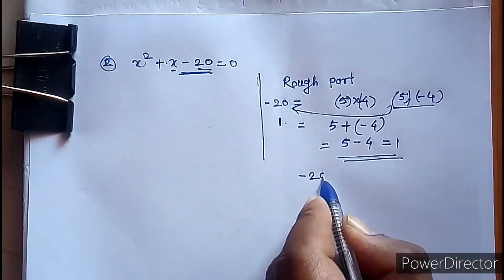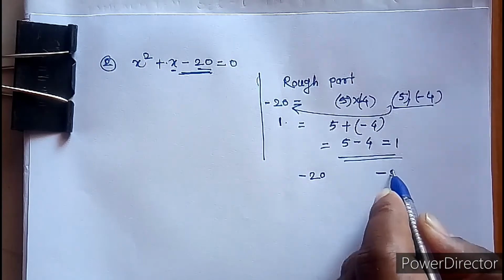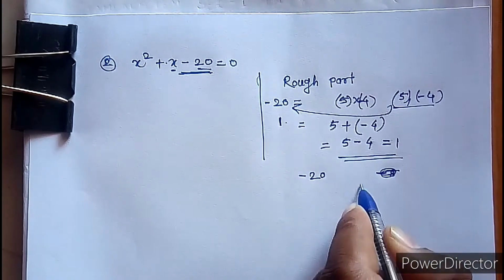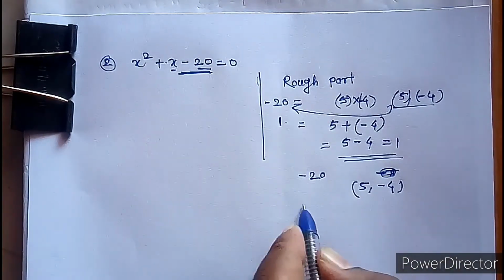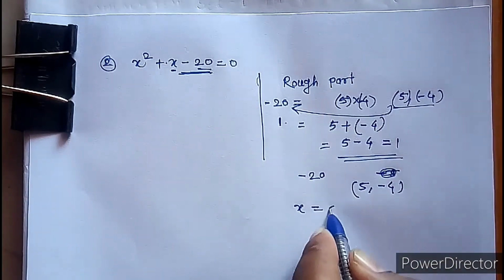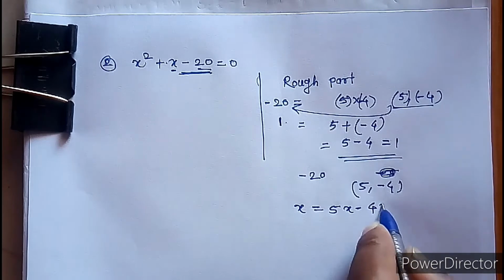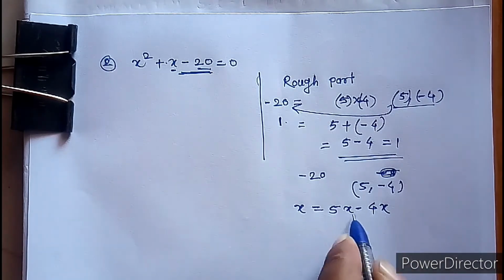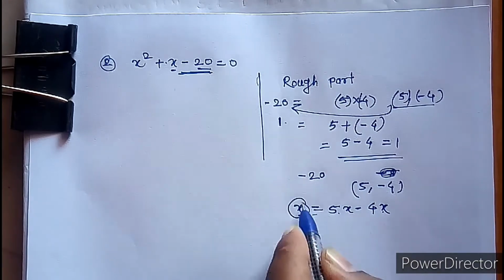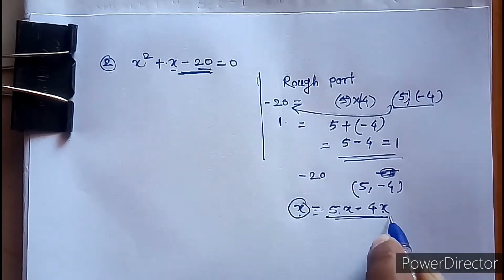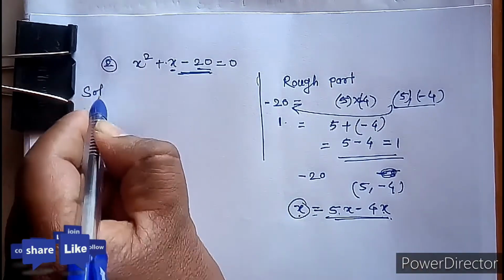So for minus 20, the factors are 5 and minus 4, which means x can be written as 5x minus 4x, because when we subtract 4x from 5x we get x. Instead of x we can write 5x minus 4x, then solve by coming to the solution part.